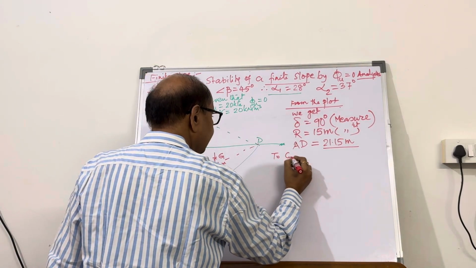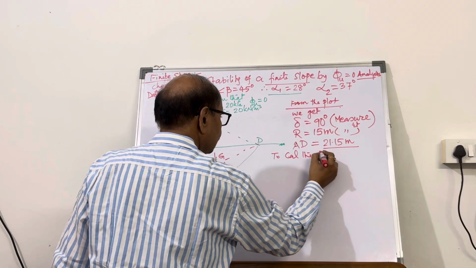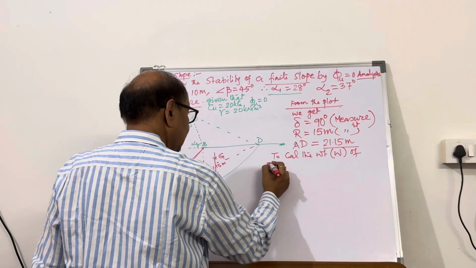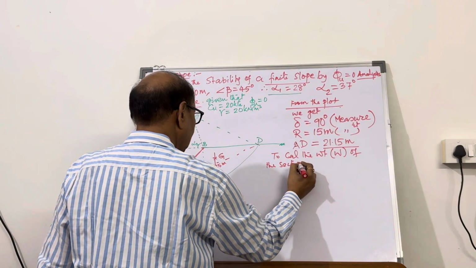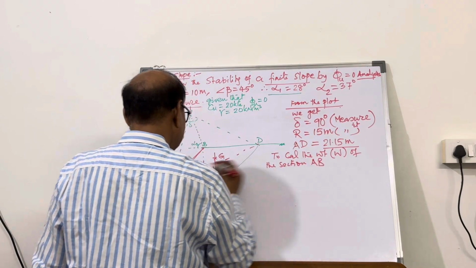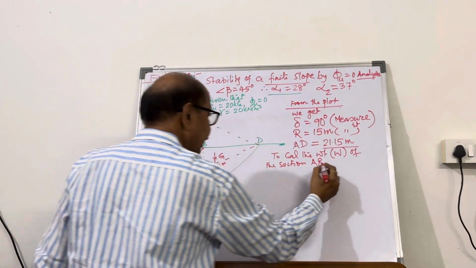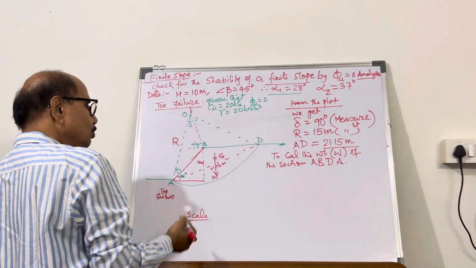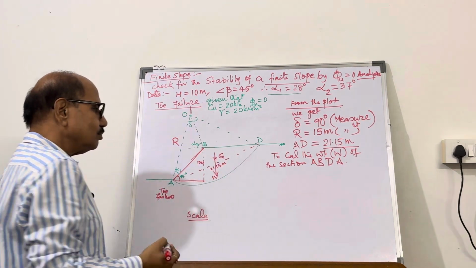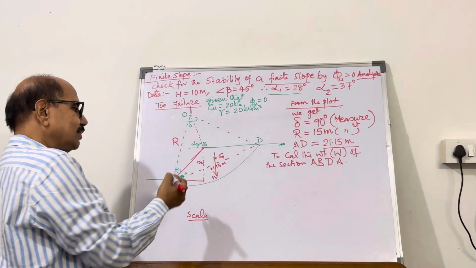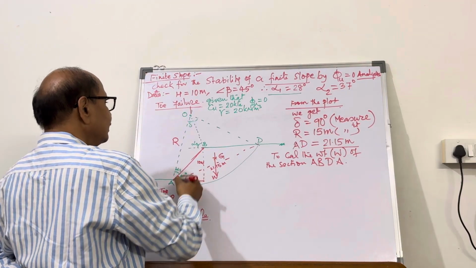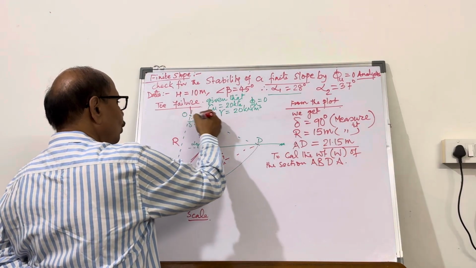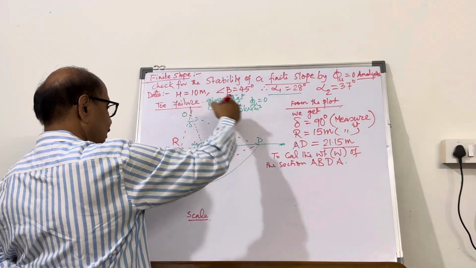So to calculate the weight W of the section ABDA, gamma is already known to us. If we can find out the volume, first let us calculate the area. There is the sector OAOD, this complete sector.